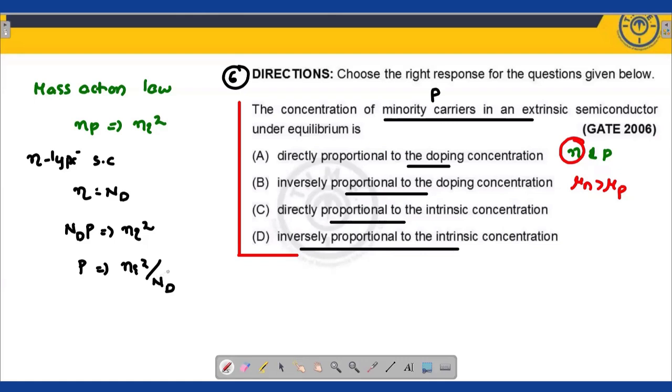Very important is that the minority carrier concentration is directly proportional to the square of the intrinsic concentration, is it there? No, square is not there. And inversely proportional to the doping concentration, it is there. So the option itself is B, my dear friends.